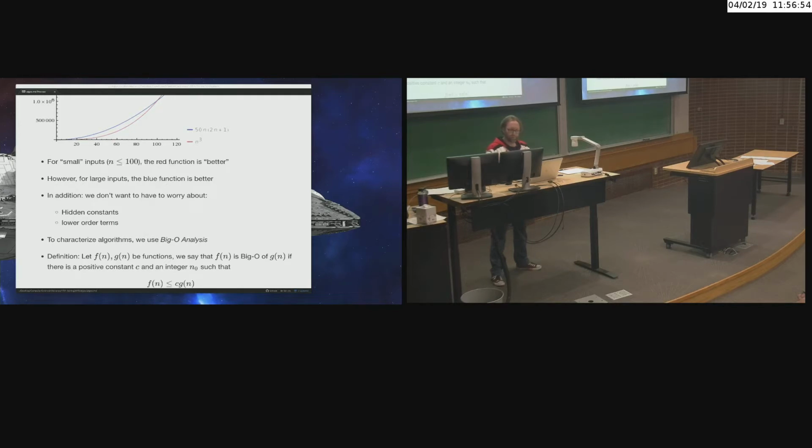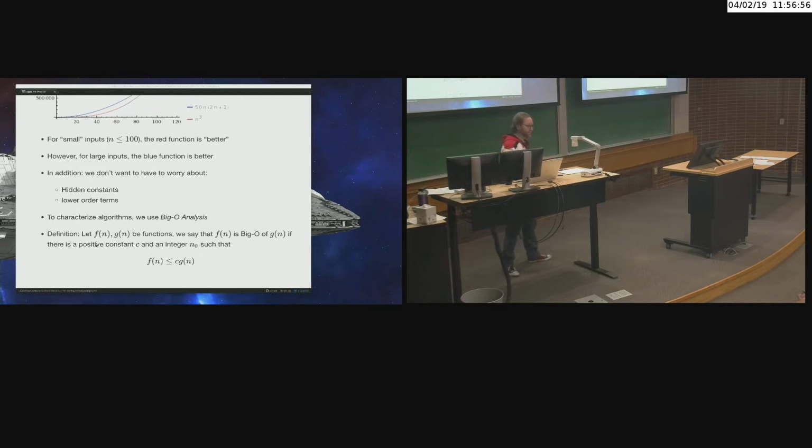Right? And we're going to look at a couple of intuitive ways of looking at this. But the quick snapshot of this is if I've got this f and I've got this g, f is asymptotically less than g, right? Less than or equal to g. All right? And a couple ways that you can look at this is that at some point, this function will always be less than or equal to this function when you take some constant and stick it out front.